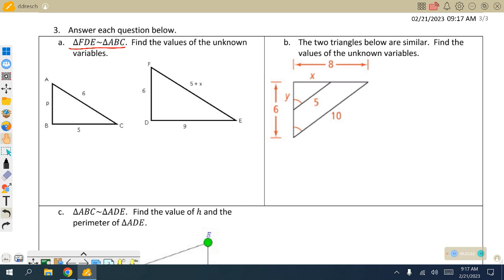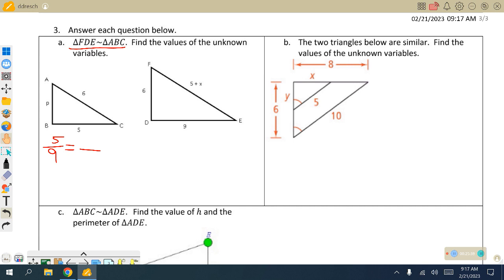The 5 and 9 is like your key, your legend that links it all together. So we're going to use that 5/9. That's like that ratio, that scale that we said like in map making that takes it from one to the other. It's kind of that same idea. So that 5/9 is what we're going to use to help us find both P and X in just a minute here. Now, let's go find that P.